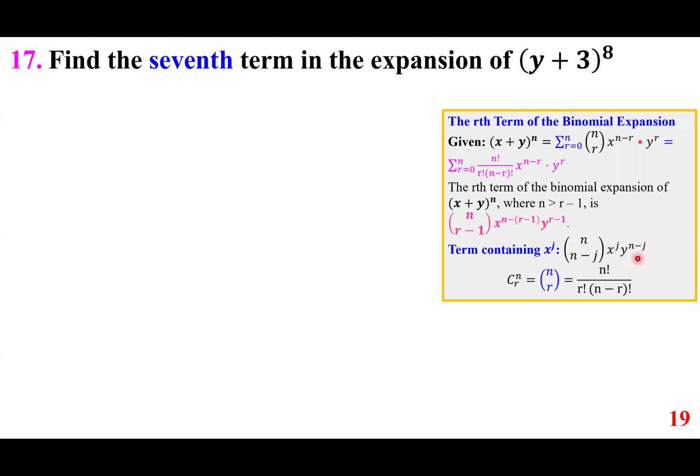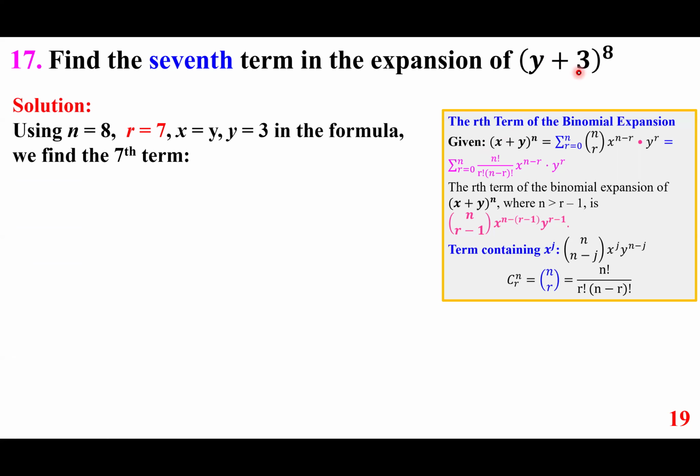If you go with that route, the first thing you notice is n is 8. Since we want the 7th term, r equals 7. X is being replaced by y, and y is being replaced by 3. So in this formula, n is 8, r is 7, x is y, and y is 3.